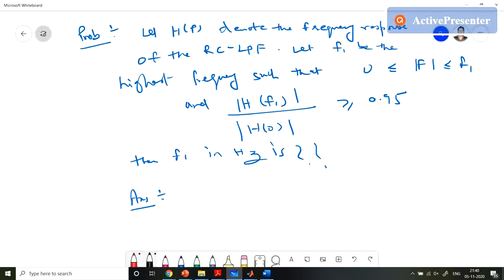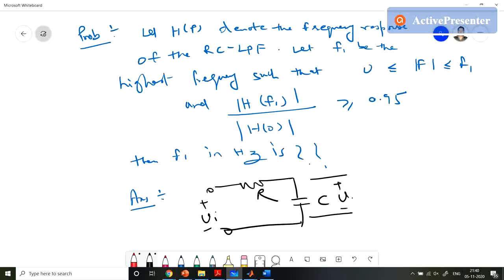So the RC filter is, we have R, then we have C, this is Vi, this is V0. So this filter is an RC filter.